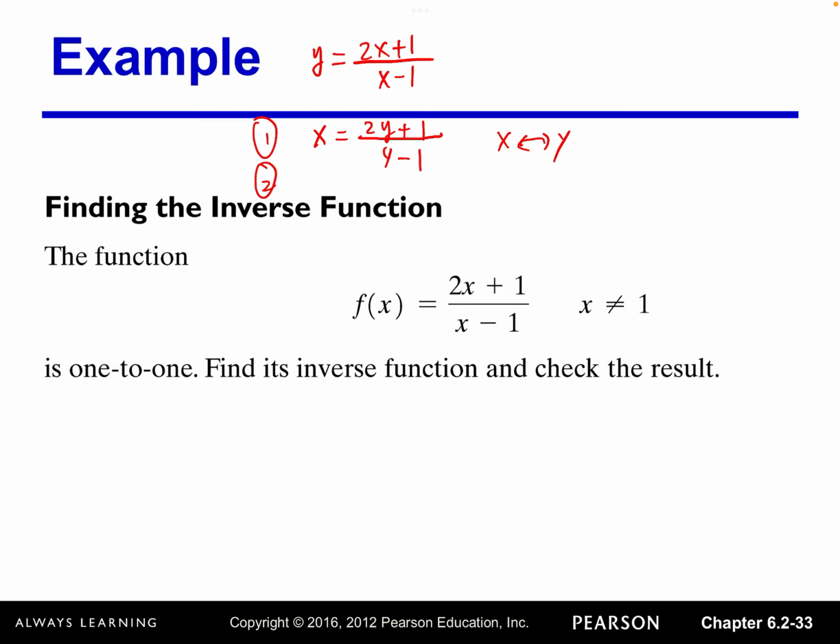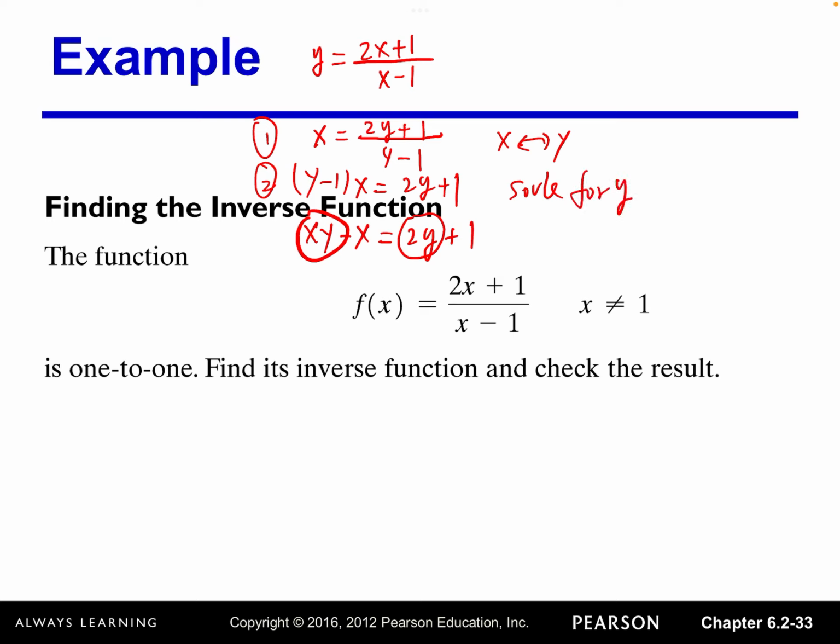So we multiply both sides by y minus 1. So y minus 1 times x equals 2y plus 1, right? So we get rid of the denominator and then simplify. We get xy minus x equals 2y plus 1. Remember our goal is to solve for y.